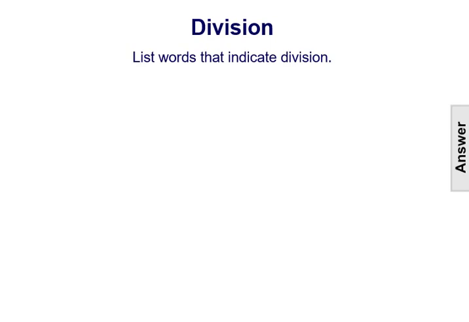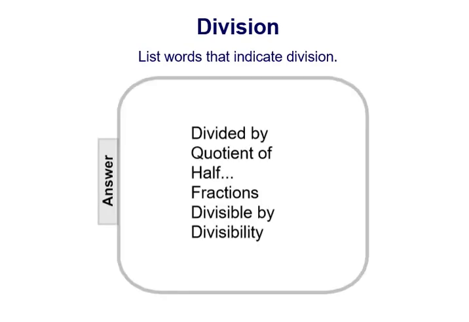List words that indicate division. We're kind of going through our four main operations. So you should have words on your list like divided by, the quotient of, half, any type of fraction, divisible by, or divisibility. So all of those words would indicate the operation of division.